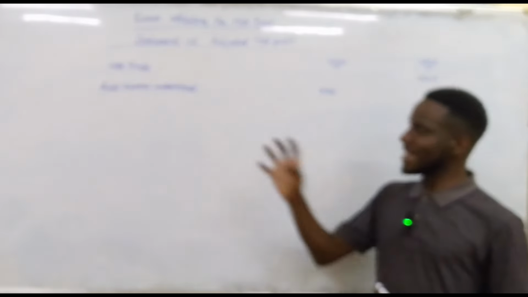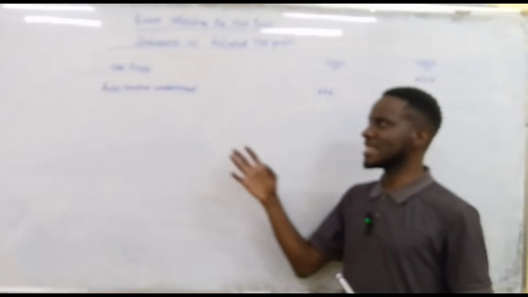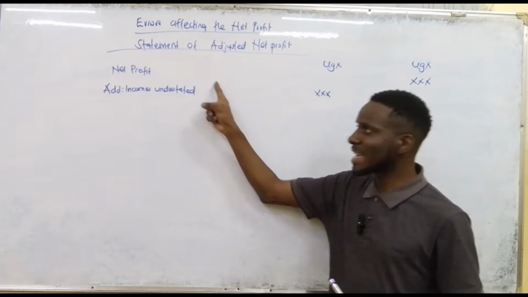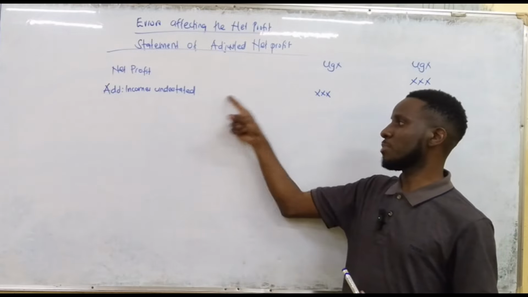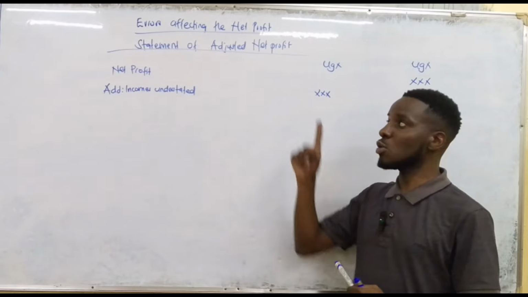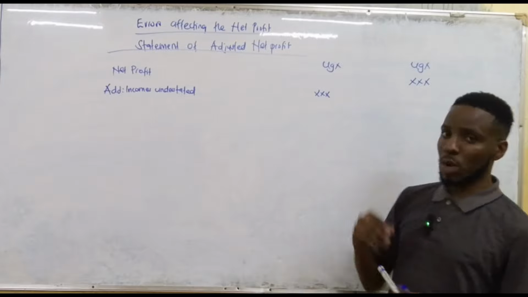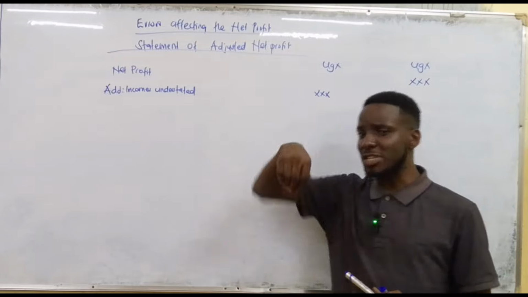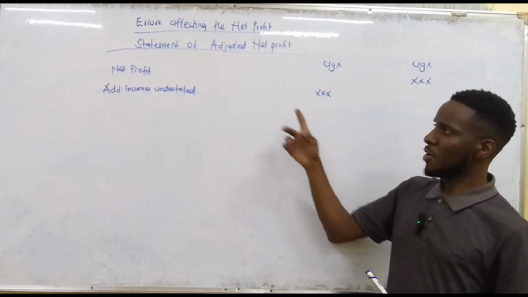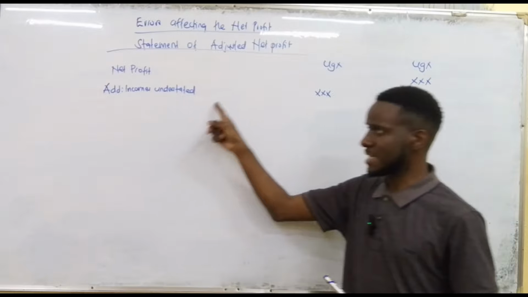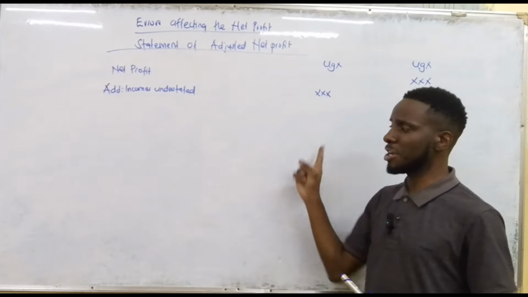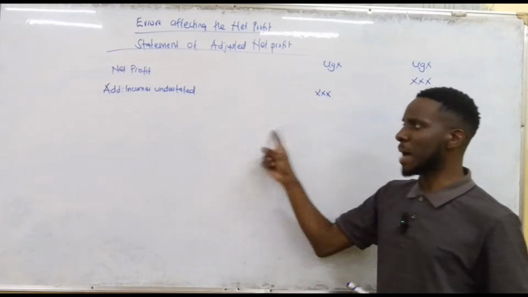So if you find anything that is supposed to give income and is understated, you're supposed to add it back, because we are verifying this net profit to make it correct. Since incomes are understated, this reduces the net profit, we add them back.